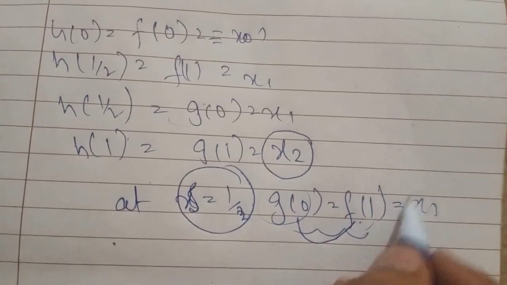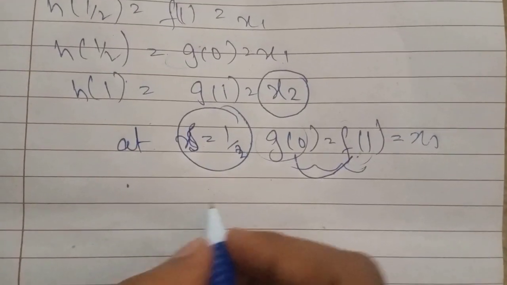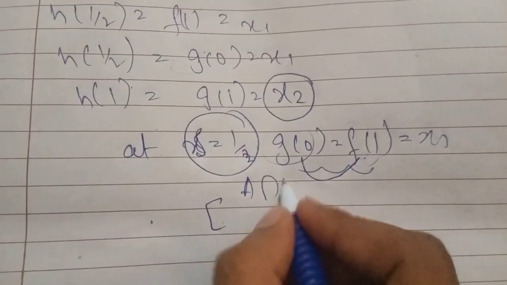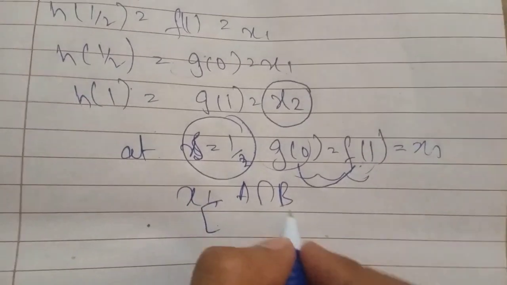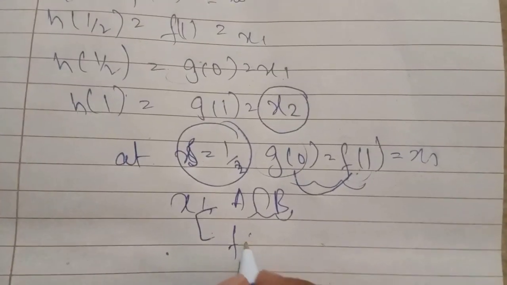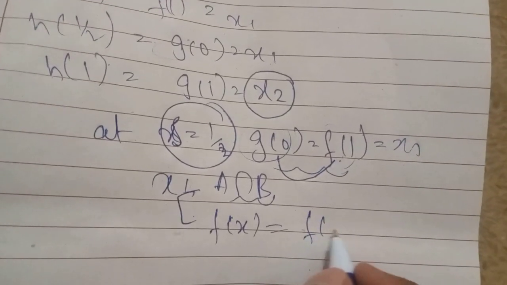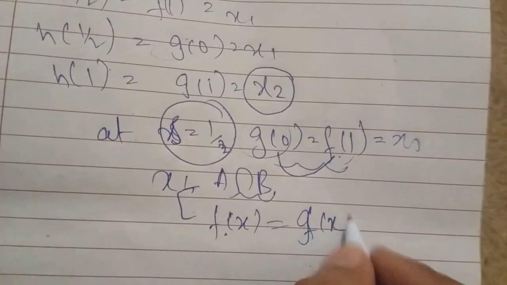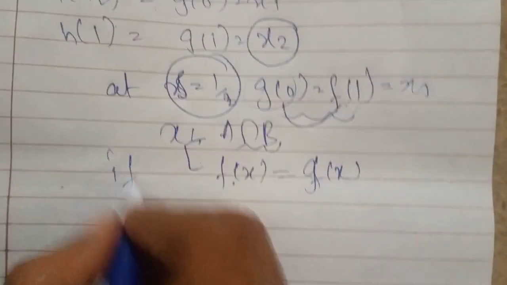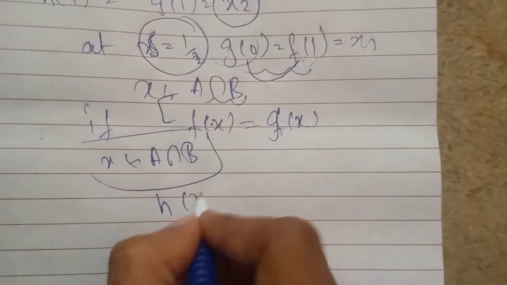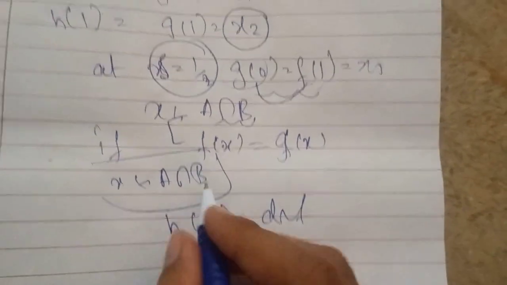Same input, same output x1, and according to the pasting lemma, on the domain A intersection B, for x belonging to A intersection B, f of x is equal to g of x. So h is well defined at this point.